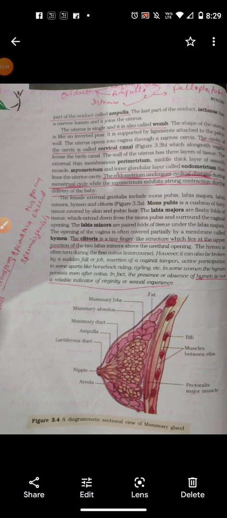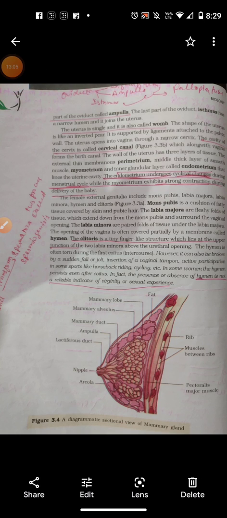The clitoris is covered by a stratified squamous epithelium and is homologous to the glans penis in the male.